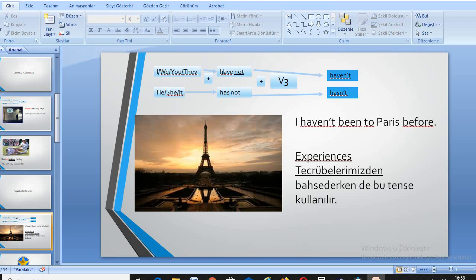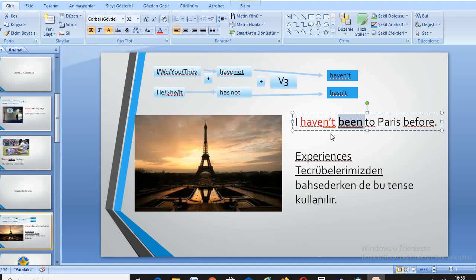For example, I, you, we, they have not plus verb 3. Have not, the short form is haven't. Has not, the short form is hasn't. He, she, it, has not, hasn't, and then verb 3. I haven't been to Paris before. Look, this is the short form. I haven't been. So verb to be, we say been, the past participle.